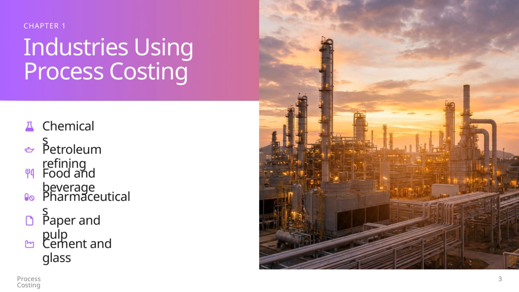Additionally, paper and pulp production, as well as cement and glass manufacturing, also utilize this approach. Understanding how process costing applies across these industries helps us appreciate its importance in managing costs and ensuring efficient production processes. This overview sets the stage for a deeper dive into process costing itself in the following sections.